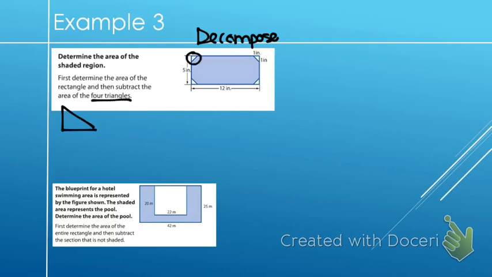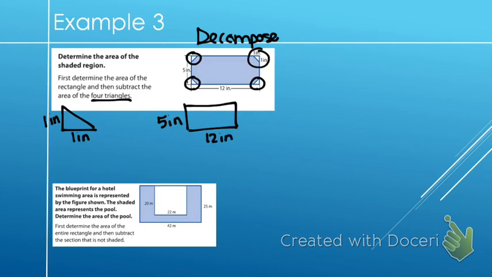If you can't see the triangle, here are the 4 triangles. Okay, and then you got to look at our bigger shape, which is our rectangle. Alright, so on our triangles, we know our height is 1 inch and our base is 1 inch. On our rectangle, we know that our height is 5 inches and our length is 12 inches.